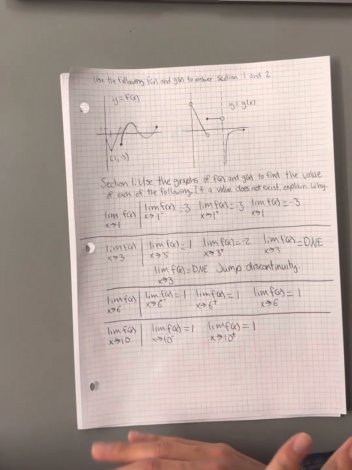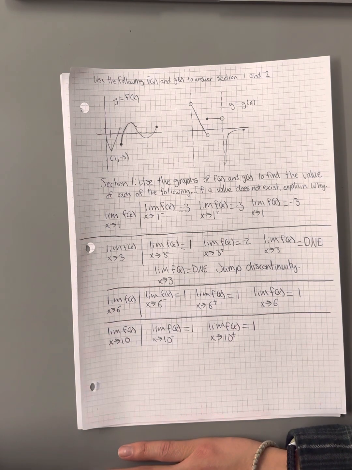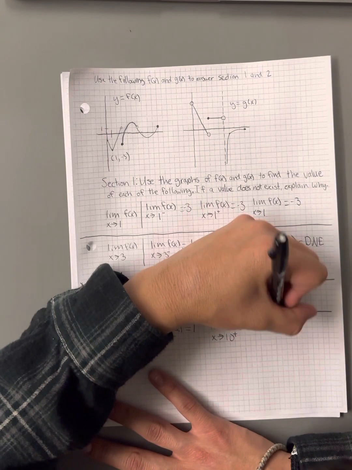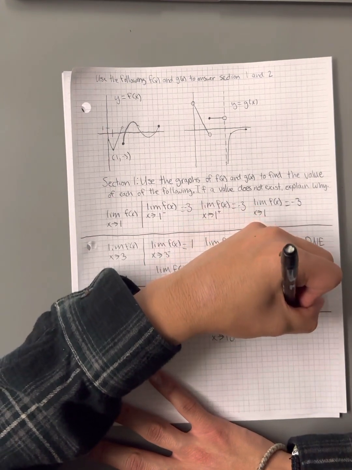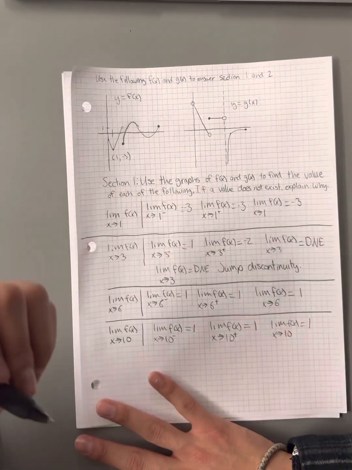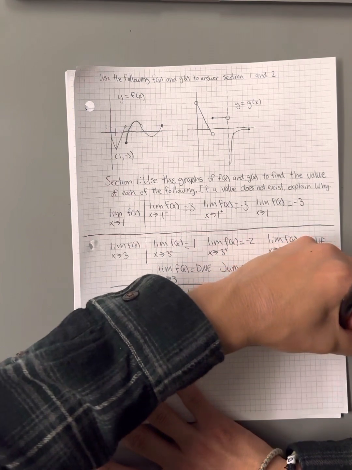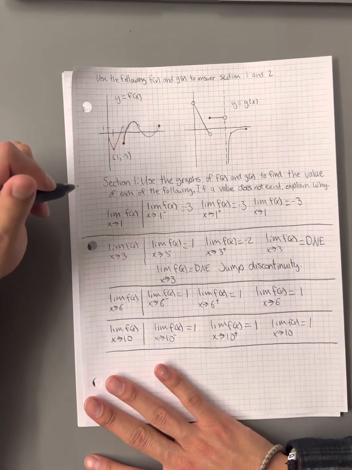And now we can say that the limit of f of x as x approaches 10 is 1, because they approach the same value as they approach 10.